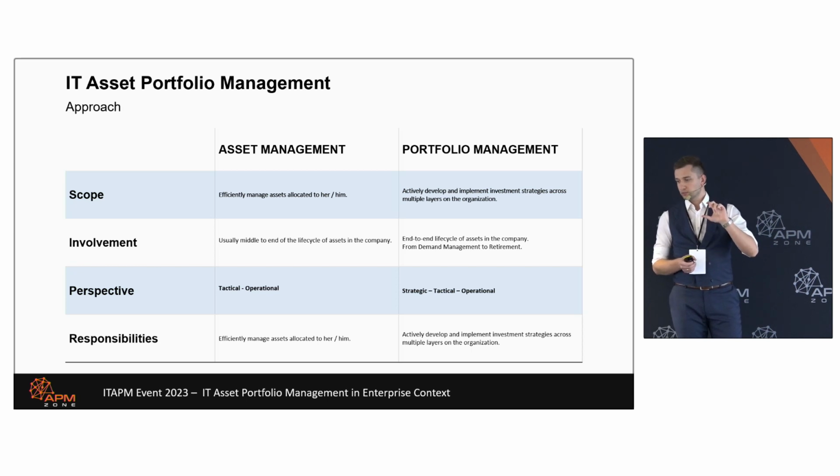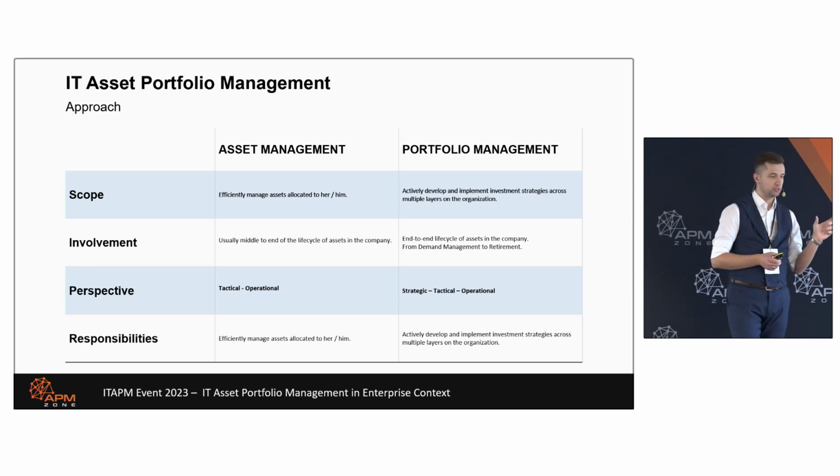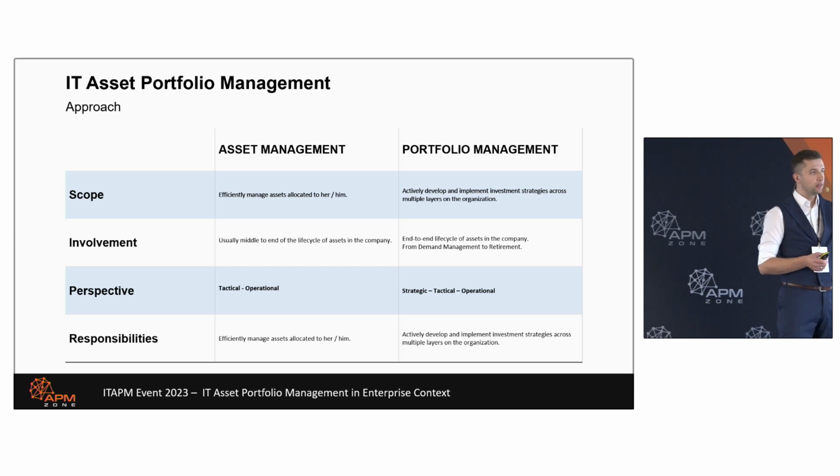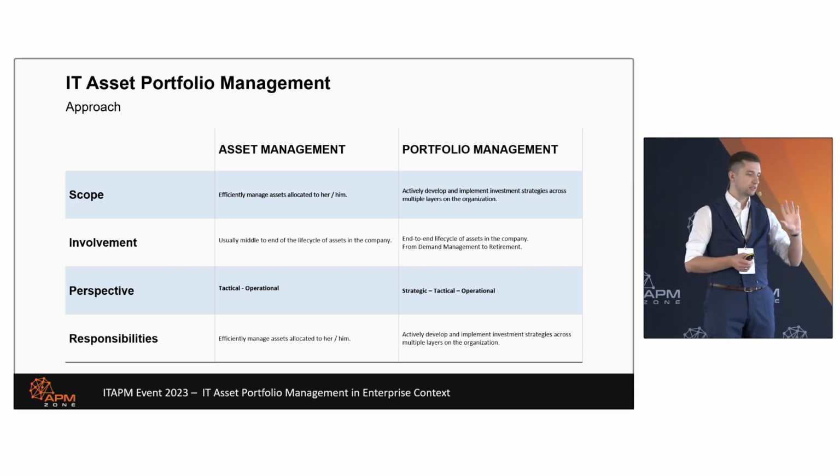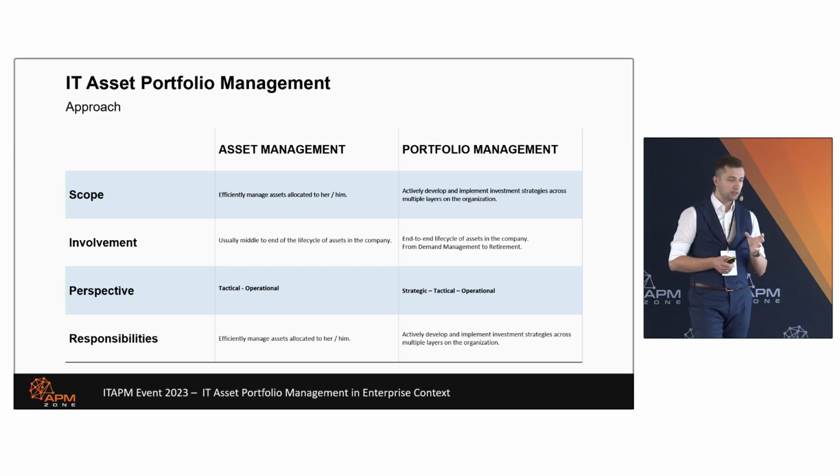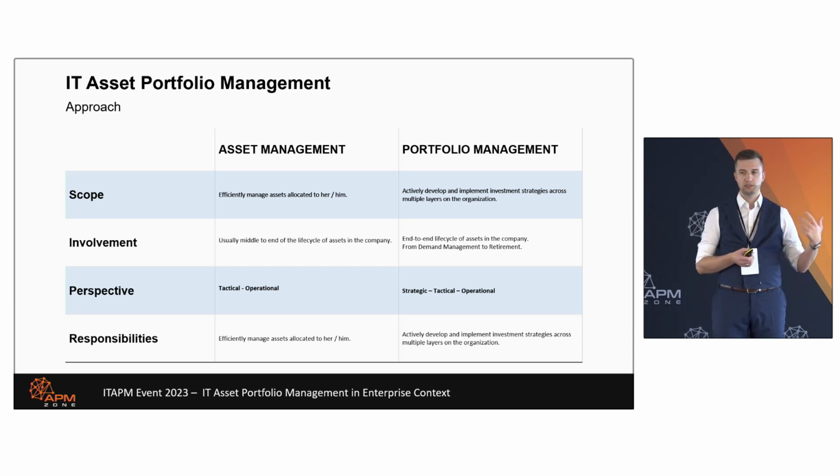Then the asset management stays on the tactical, operational part. So these, okay, we have implemented already something, we are closing something, we are managing something. The portfolio management, being part of the full life cycle process, then has also the option to be strategic partner.